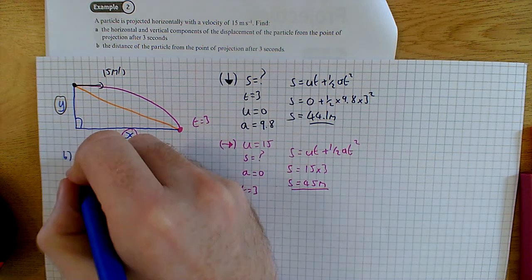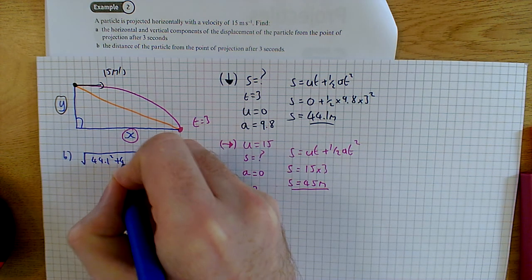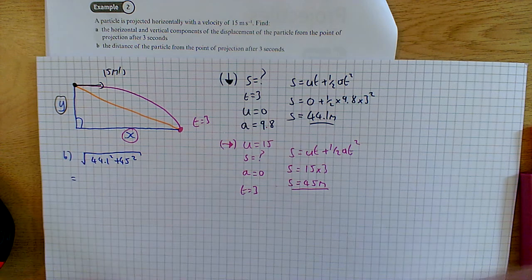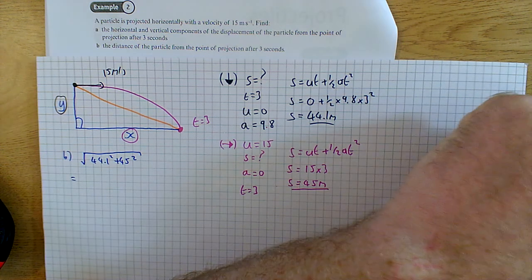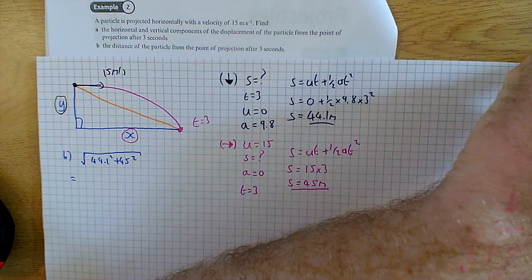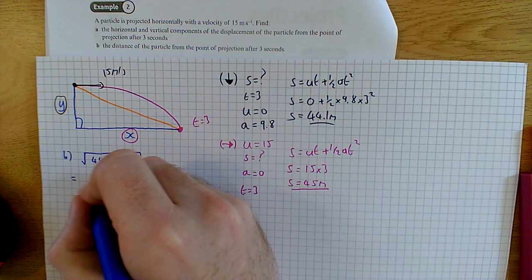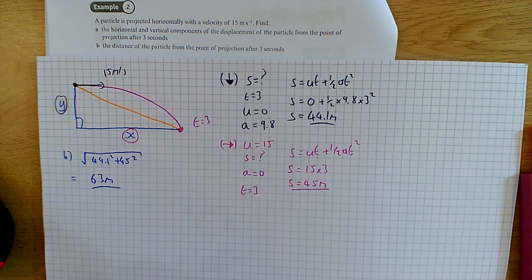So we're going to do the square root of 44.1 squared plus 45 squared. Let's see what that comes out with. That's 63.0, so it's 63 meters to 3 significant figures.